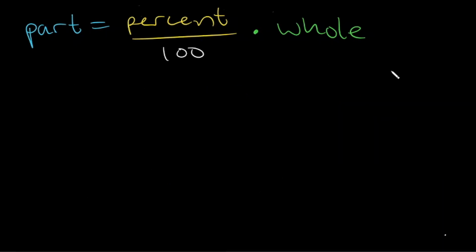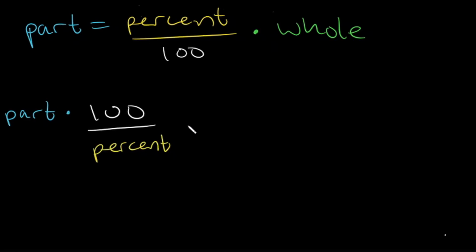Now let's solve for whole. If we divide by this term on both sides, we're going to get part times 100 divided by percent, and that is going to be equal to whole.